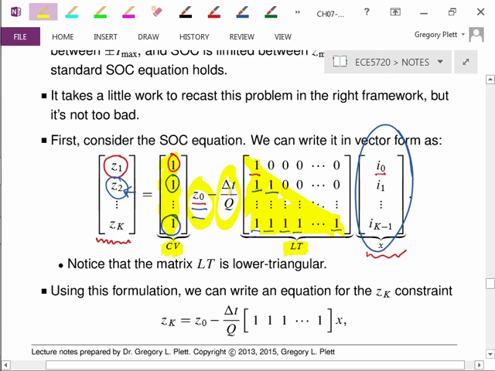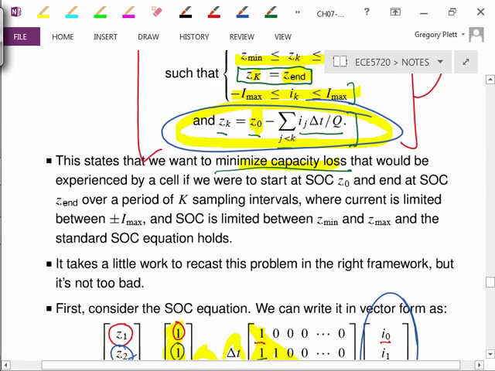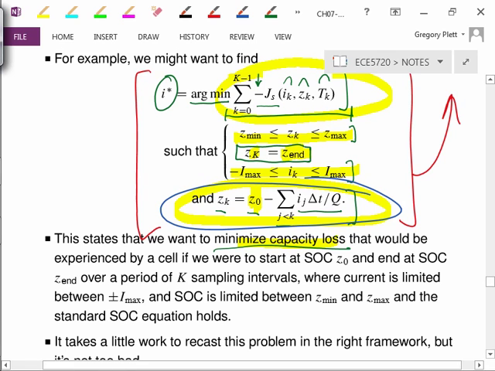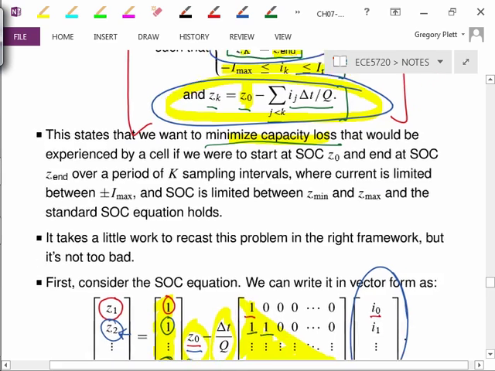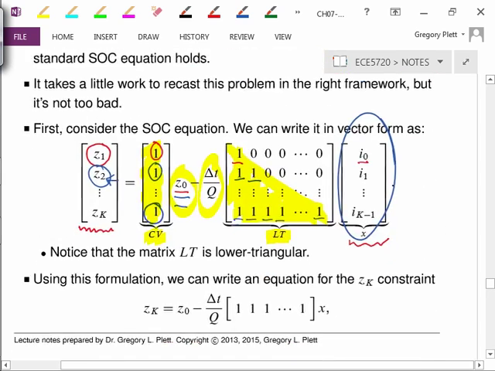That allows us to write all of the states of charge in one equation, which is quite handy. But in particular, we can look at this equality constraint that says that at the end, we have to achieve a desired final state of charge.